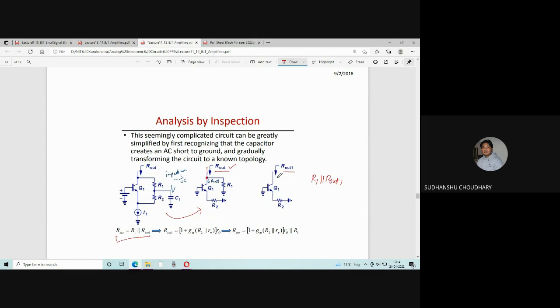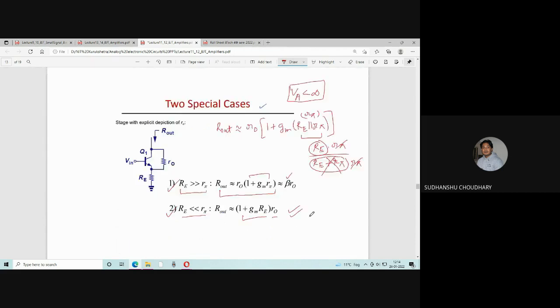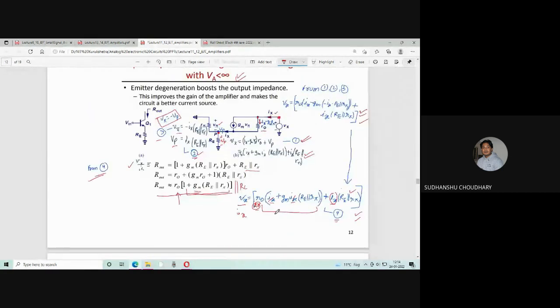That is a common emitter amplifier with emitter degeneration, for which we have already calculated Rout as 1 plus gm R0 multiplied by R2 parallel to r pi. Okay, we had already calculated. Let me again show you.